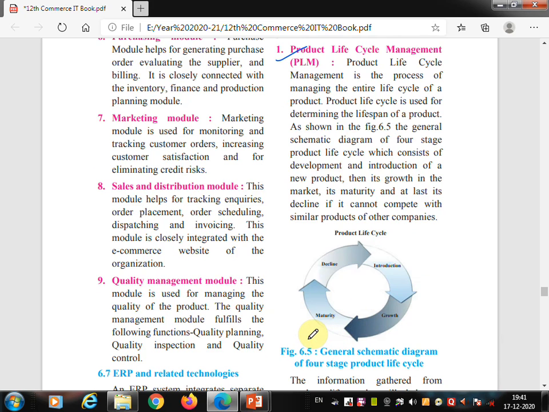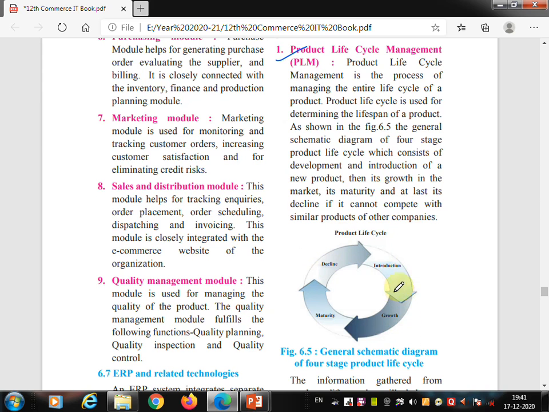This is the general semantic diagram of the 4 stages of the product life cycle, which consists of the development and introduction of a new product, then its growth in the market, its maturity, and at last its decline if it cannot compete with similar products of other companies.